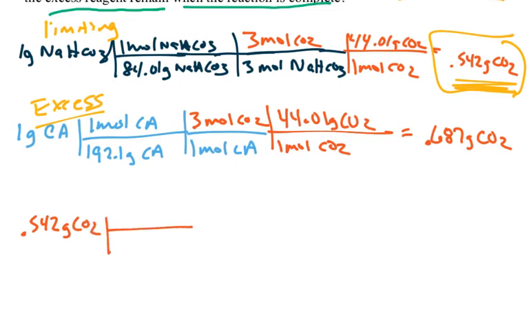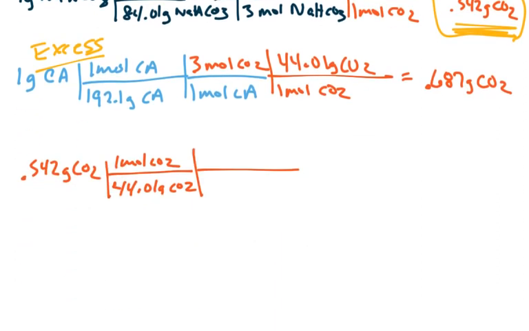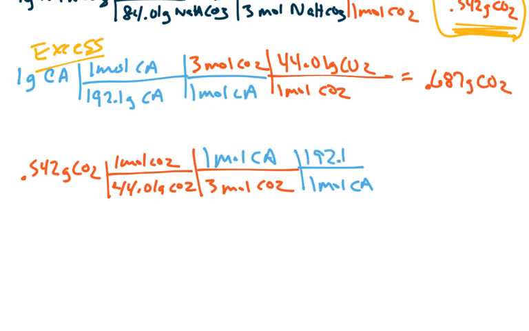We're going to kind of do this upside down. 44.01 grams of CO2, 1 mole of CO2 times, and then we're going to look at our reaction. 3 moles of CO2. And we'll use this blue one. 1 mole of citric acid times, in 1 mole of citric acid, we have 192.1 grams of citric acid. So that tells us we need 0.762 grams of citric acid.